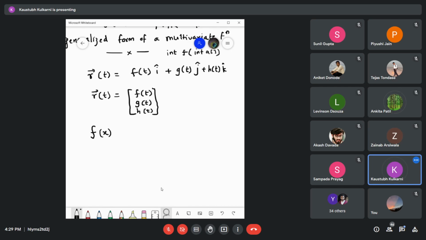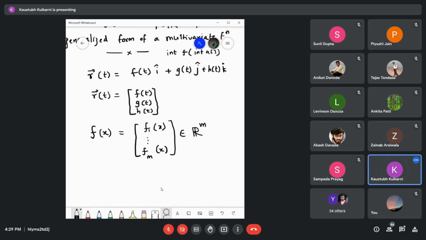The variable is x, and in general it has m components, f1(x) up to fm(x), and in terms of this notation, it belongs to r raised to m, because it has m components.